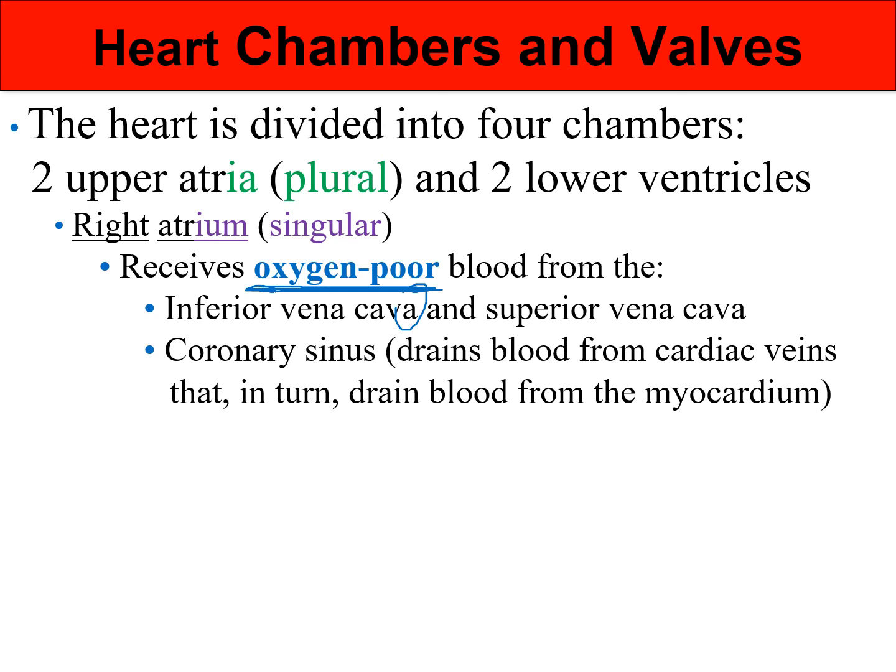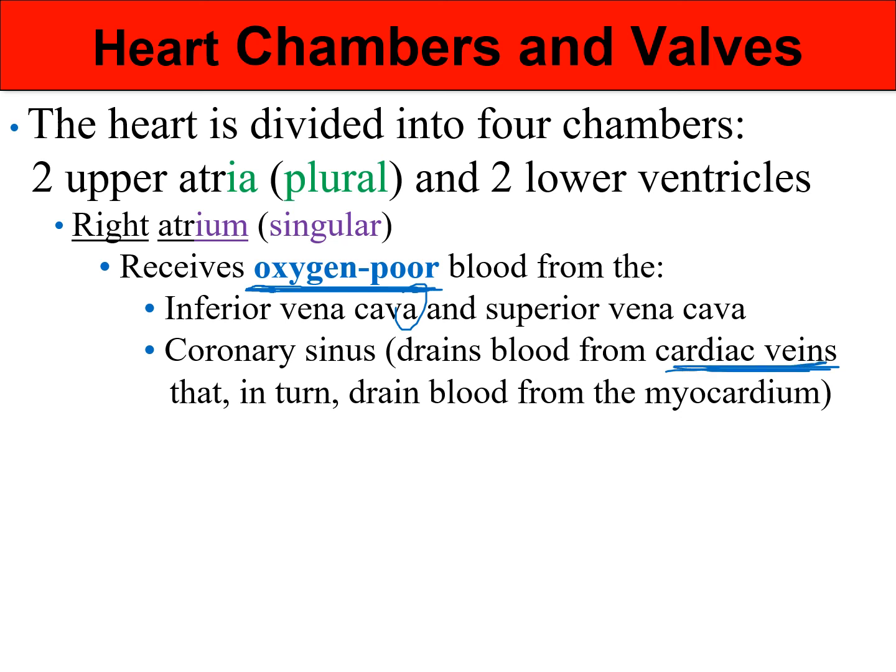Another source of oxygen poor blood that dumps into the right atrium is something called the coronary sinus. And we're going to talk more about that. I'm going to show you a diagram of that a little bit later. But remember how we said that the heart itself gets a good oxygen-rich blood supply via the coronary arteries, but it also has on its surface what are called cardiac veins.